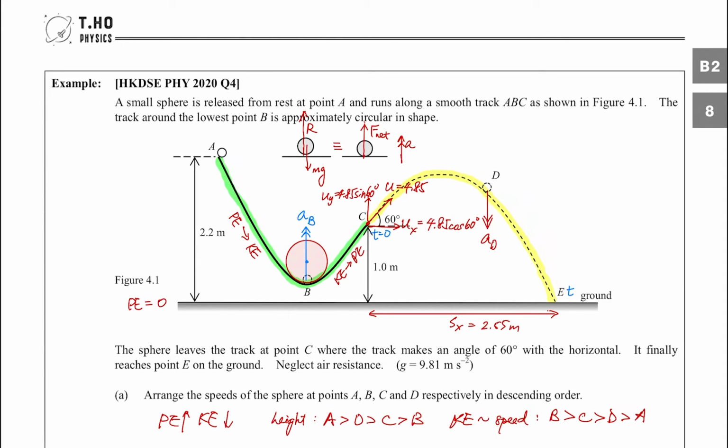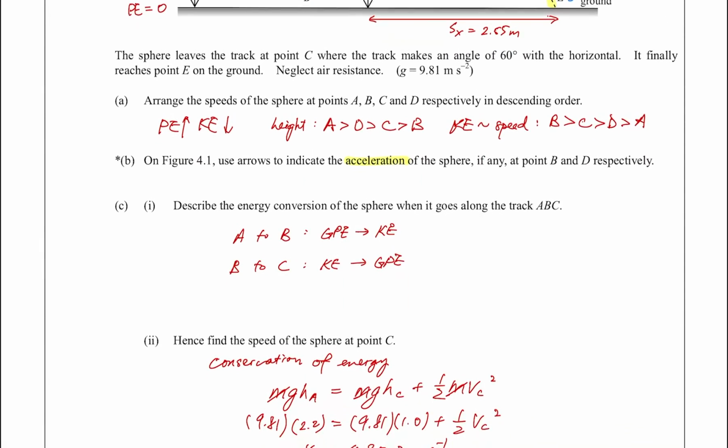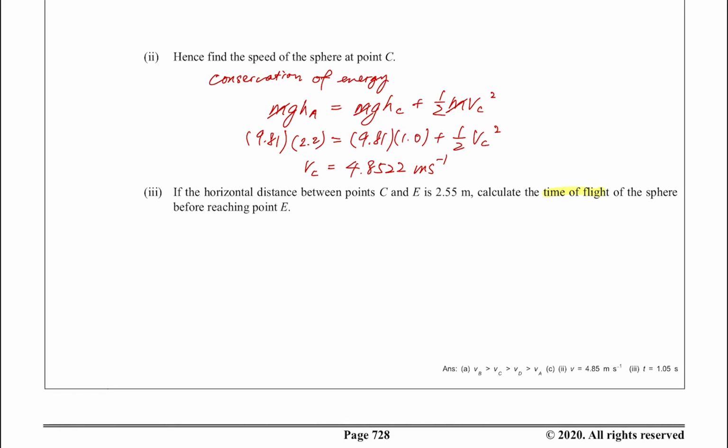Now, because we know the horizontal component of the velocity, and we also know the horizontal distance, we can simply use these two pieces of information to calculate the time of flight.